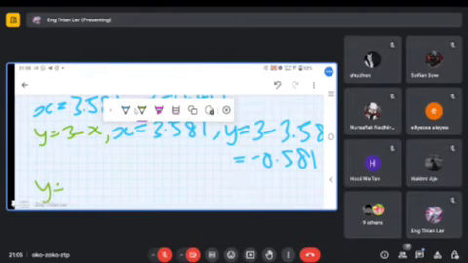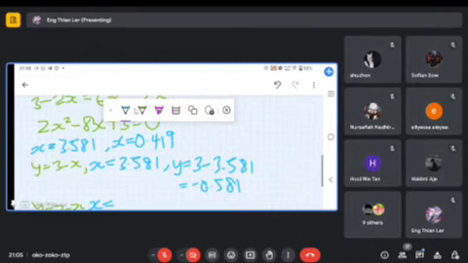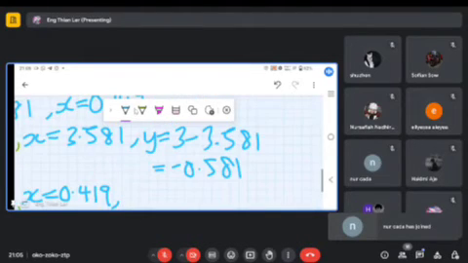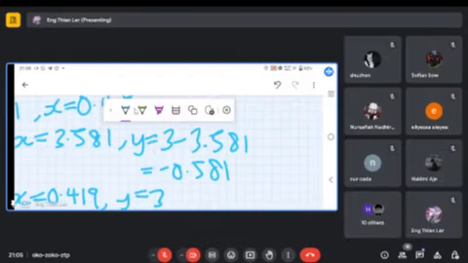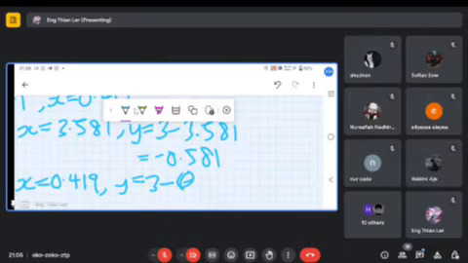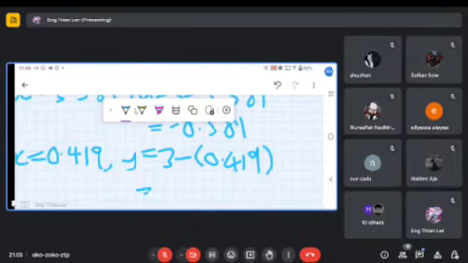I go to 3 minus x equal to 0.419, and our y value will be 3 minus 0.419, and we will get 2.581.